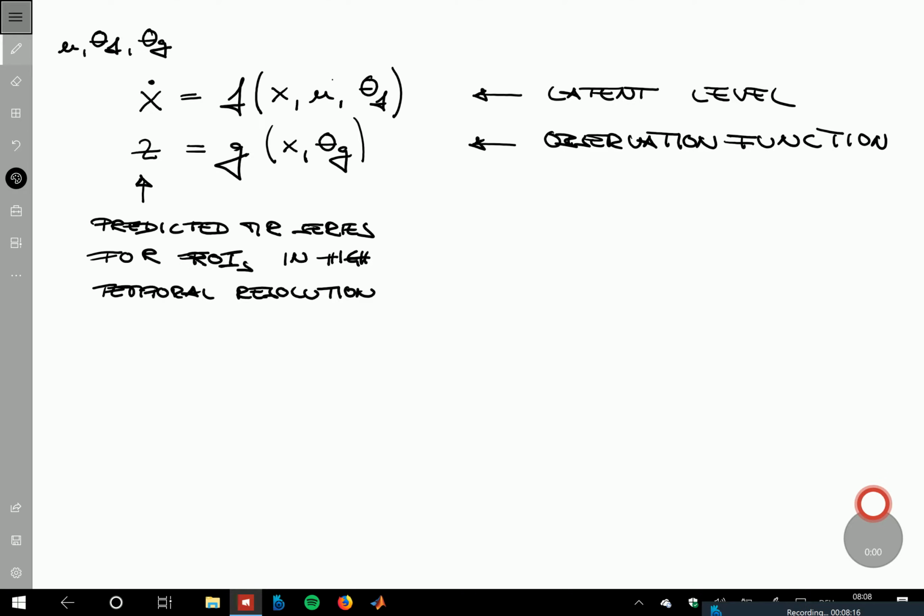And what the function h also does is that it takes this z and downsamples it, and it does something else which I now forget.